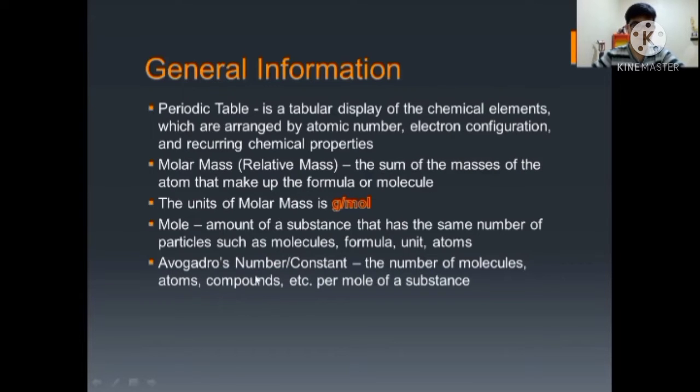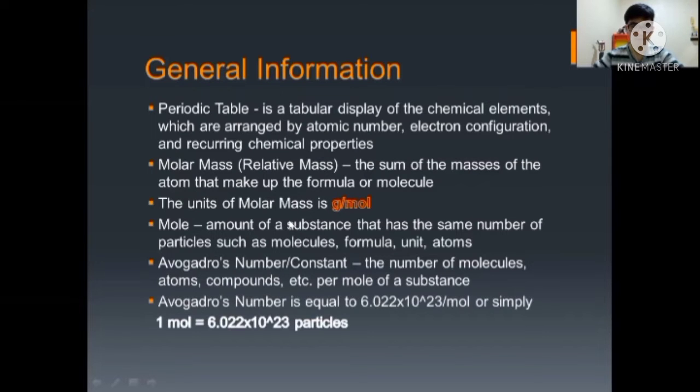Avogadro's number is the number of molecules, atoms, compounds, etc. per mole of a substance. And Avogadro's number is equal to 6.022 times 10 raised to 23 per mole, or simply, 1 mole is equal to 6.022 times 10 raised to 23 particles.